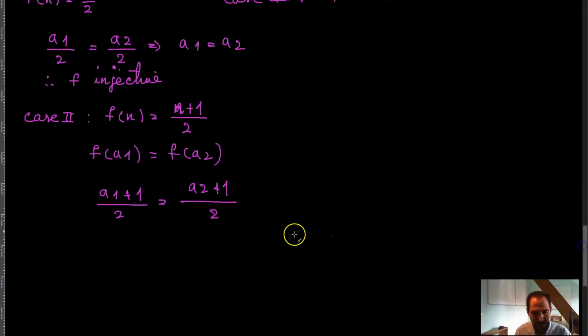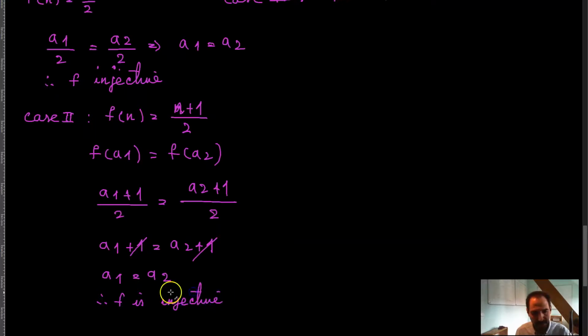Then you can multiply both sides by a factor of 2 and get a1 plus 1 is equal to a2 plus 1, and then you can simplify these and that gives you a1 is equal to a2, which means that f is injective, right? So that is case 2.